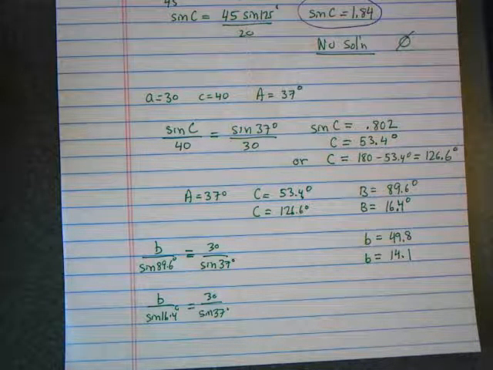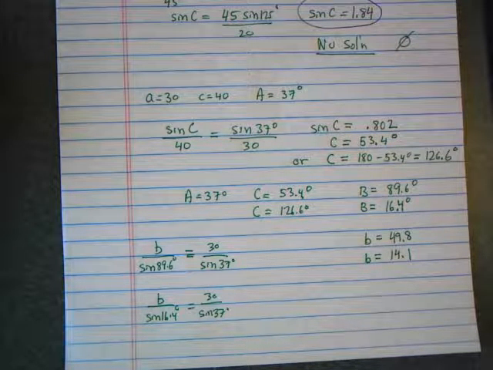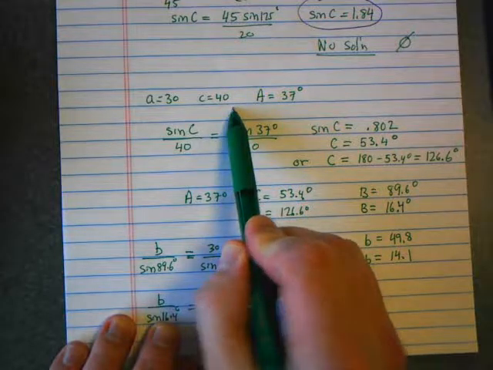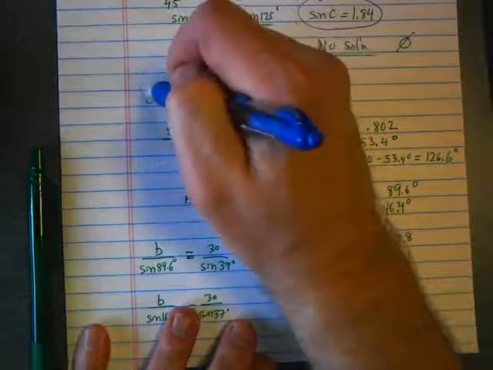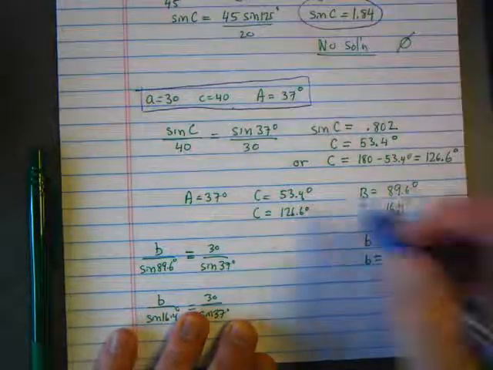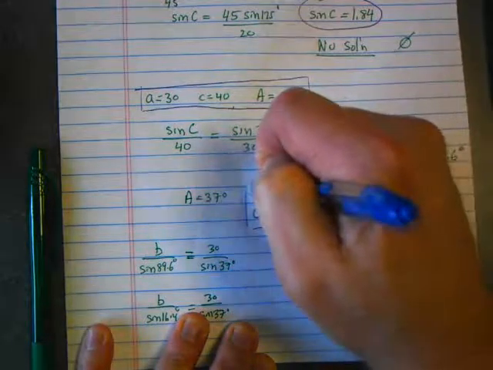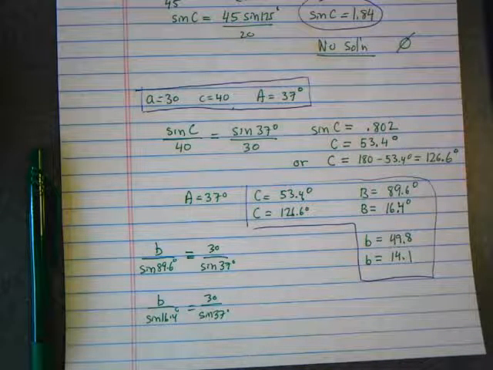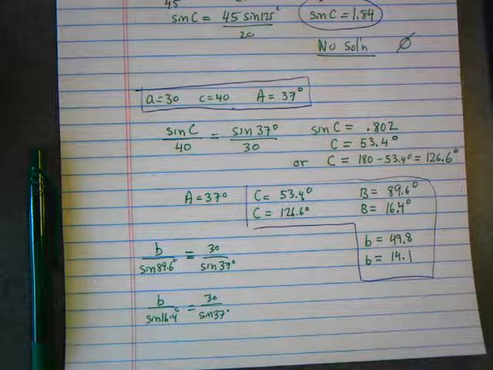There's still only one little c, because little c was given to be 40. We can't change that. So our answers would be, there was the stuff that was given to us, and then here's the stuff we figured out. So there was a lot to figure out in that one. Questions?